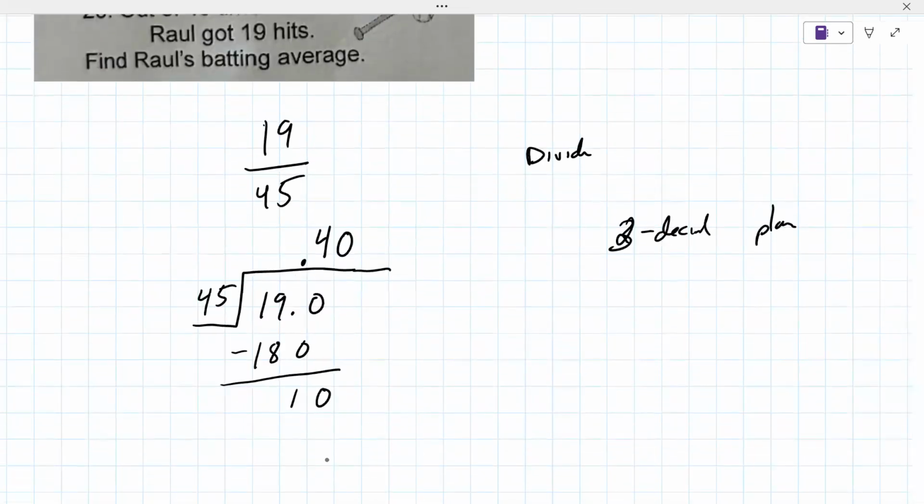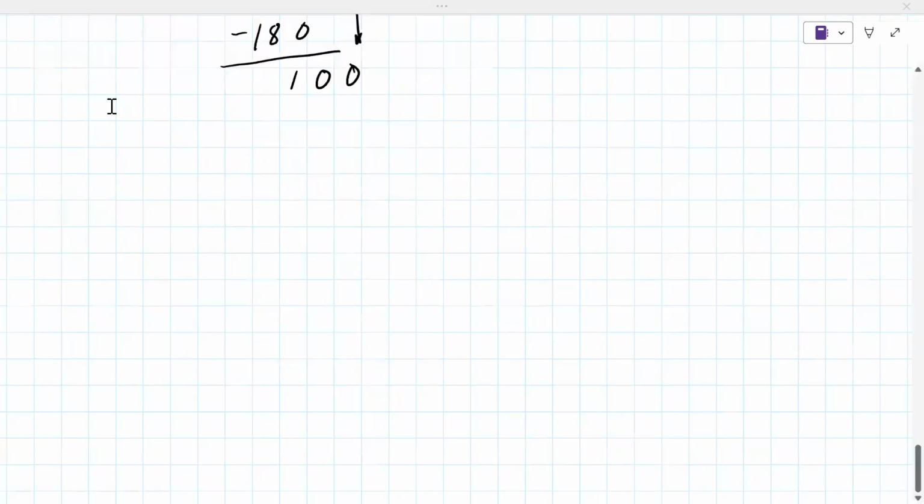No. So you have to put a zero there and bring down another zero. That's 100. 45 is 2 times, which is 90. So 2 repeating. Right? Yeah, it is 2 repeating. So maybe that is what they wanted. I don't know. But usually batting averages are in 3 decimal places. Oh yeah, it says repeating bar at the top. So never mind. I guess you do have to do that. Interesting.